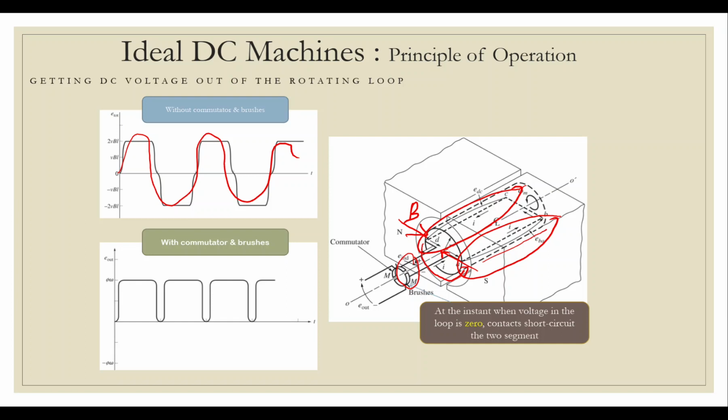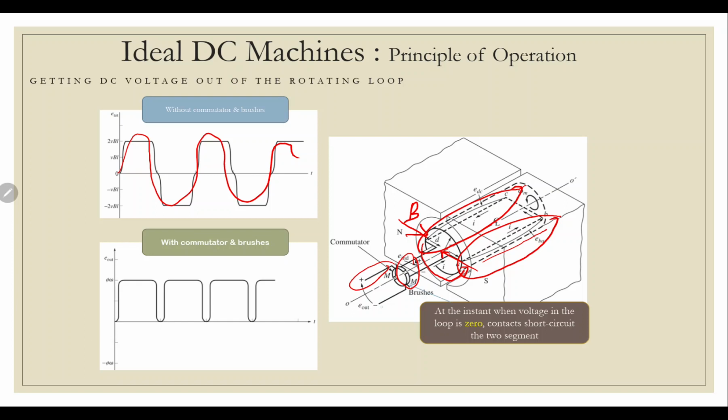But if you want DC, then we need the commutator. When the commutator brushes over this side, it maintains the positive polarity. The commutator at the plus side will always be touching the coil that is under the north pole.